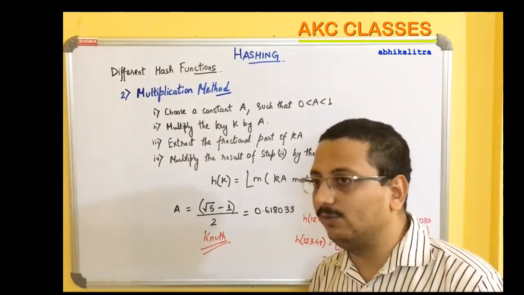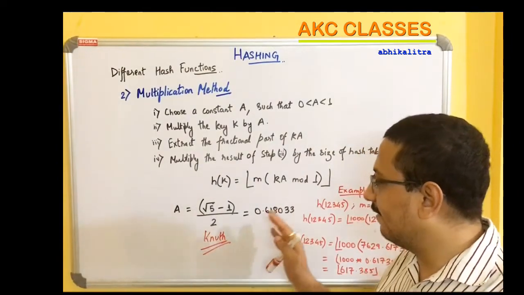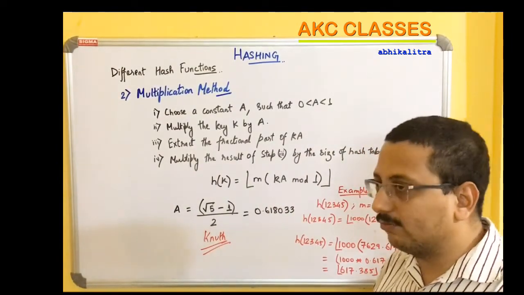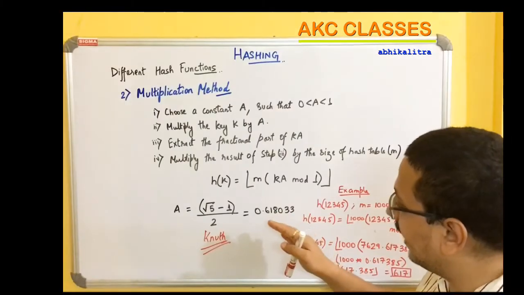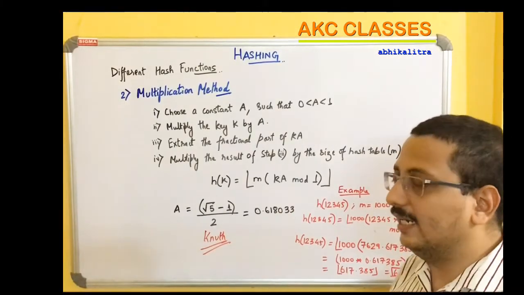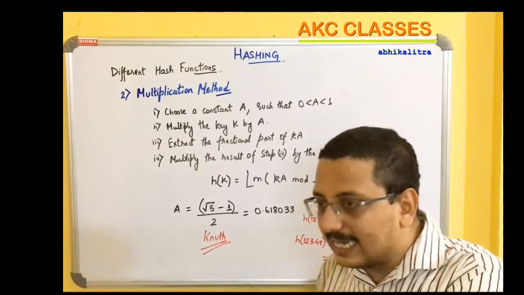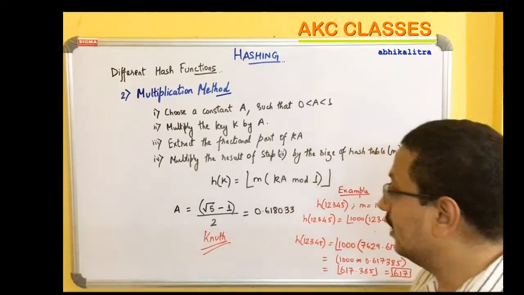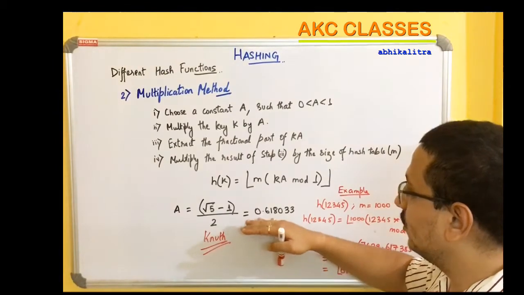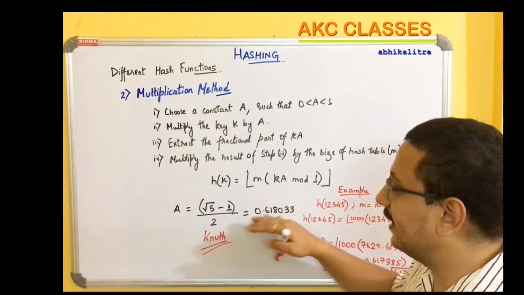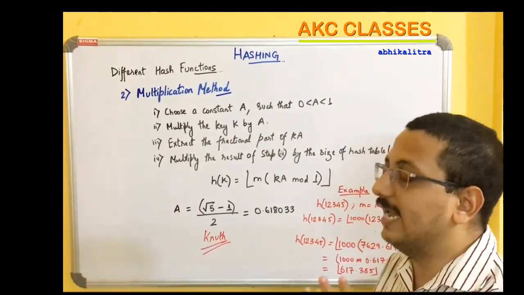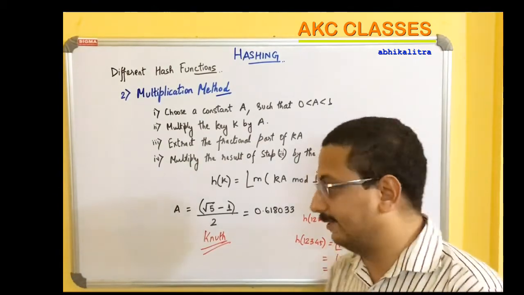But Knuth proposed this value after some calculations and found that it yields a good value of a, so that the keys are evenly distributed in the hash table. So you can choose any value of a that you want.